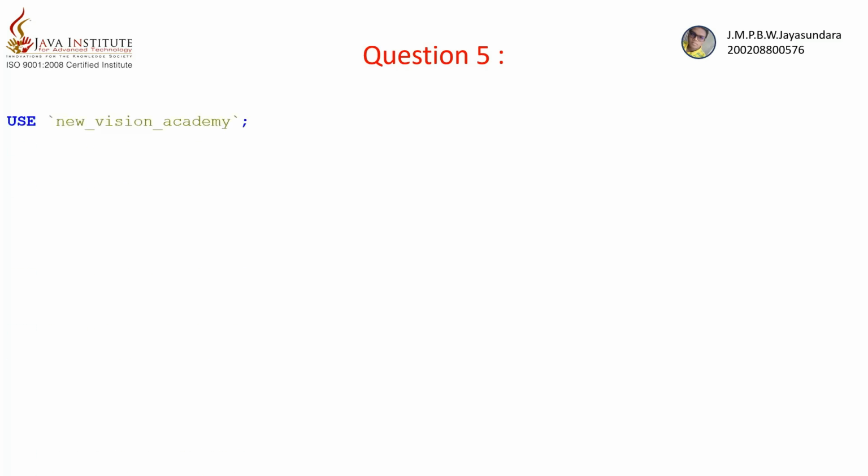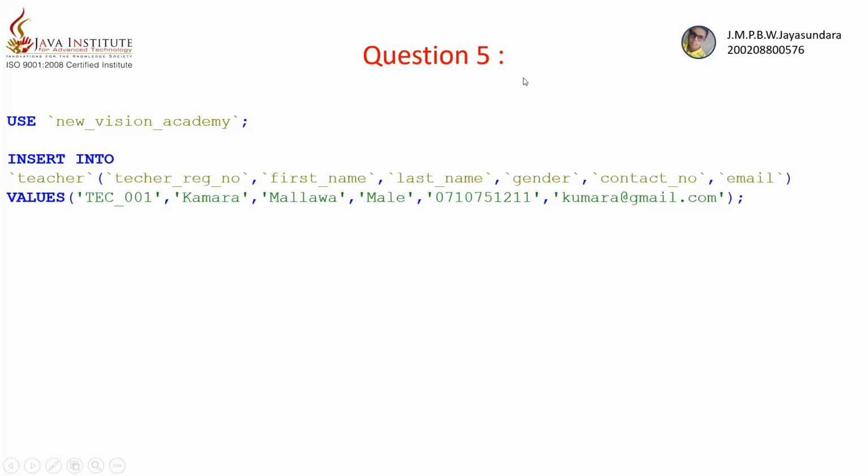First, we need to define what database we are using. In this case, we are using the New Vision Academy database. So here we have defined that we are using the New Vision Academy database. After that, we can use an insert query in order to insert data into our table.